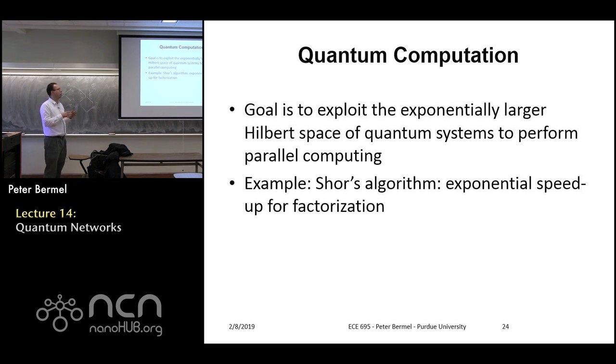This was demonstrated, though, I should say, although I'm not showing you the slide, Ike Chuang from MIT demonstrated using NMR that you can actually implement Shor's algorithm and get factorization of numbers like 15 into 3 and 5. Now, obviously, it's such a small number of qubits, it doesn't sound very exciting. But the point is you can very quickly go from factorizing 15 to factorizing something with 30 or 60 bits of information.